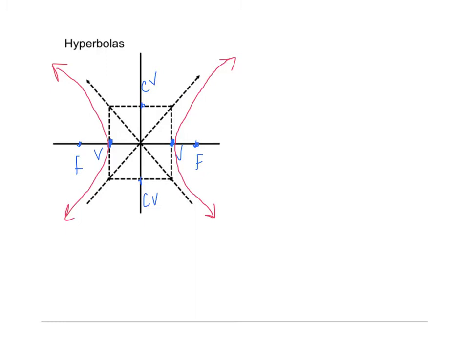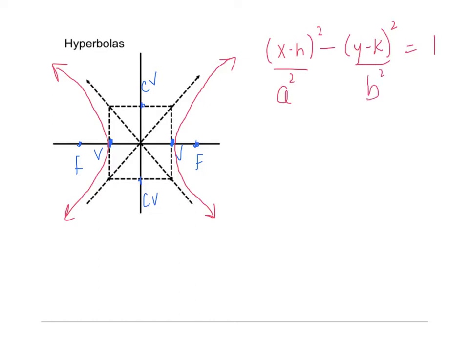The equation of a hyperbola that looks like this is (x minus h) squared over a squared, minus (y minus k) squared over b squared, equals 1. As we write it, it looks almost like an ellipse, but this should not be a plus, that should be a minus.